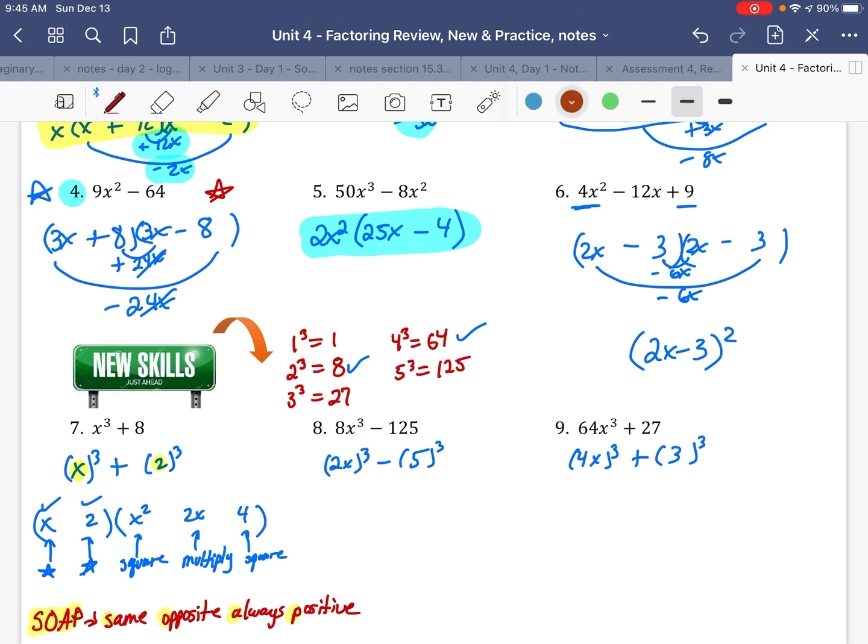All right, so how we figure out our signs is we do this. In the first parentheses, we use the same sign that there was to begin with, plus. Then I do the opposite of that here, and I do always positive. And we're done. And I will show you in class how this multiplies back out and why it works. But for now, just know that that's how you factor it.